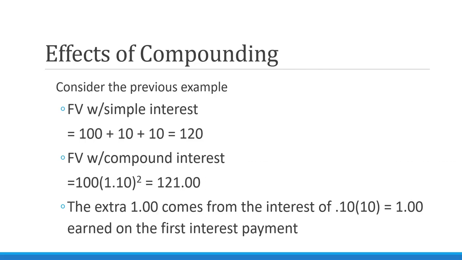So with simple interest, after 2 years, we have $120. With compound interest, after 2 years, we have $121. That extra dollar comes from the interest earned on the first amount of interest, that $10 from the first year. Compounding interest, the longer you leave something in to earn that interest, can earn a lot of money.